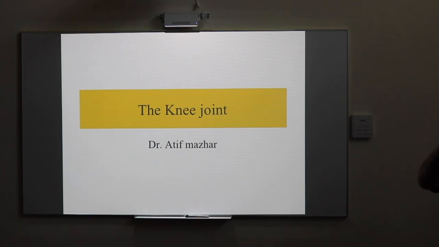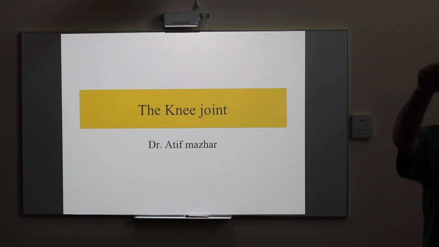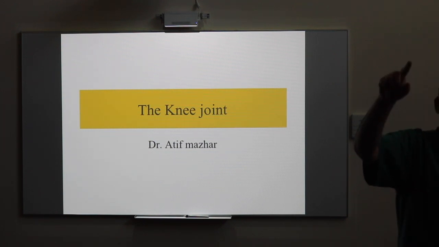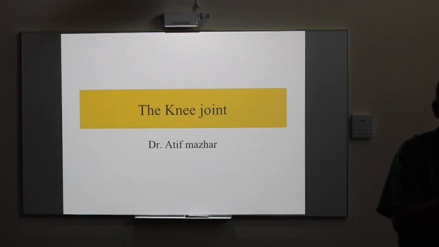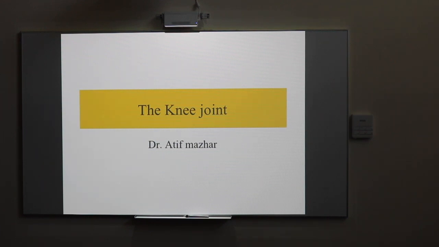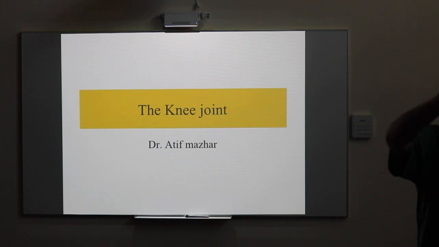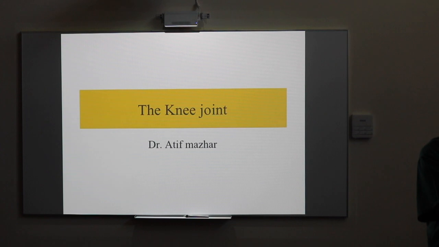So if you see the medial condyle, the articulating surface is longer. If you see the lateral condyle, the articulating surface is shorter. So to meet the full articulation over the medial condyle, what happens? The knee goes in hyperextension. One is extension, one is hyperextension, because more movement is required. So I will demonstrate this in the evening lab on the dry bones, exactly what happens.